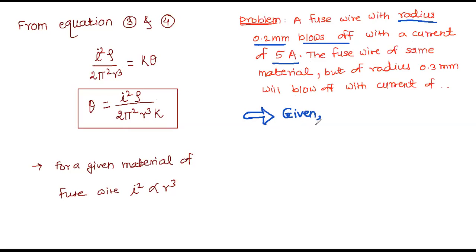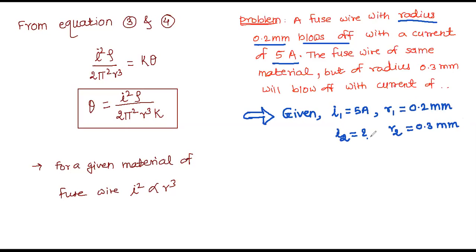I1 is equal to 5 ampere. Next, R1 is the radius, 0.2 millimeter. Next, R2 is equal to 0.3 millimeter. And he is asking what is the current at which this will blow off.